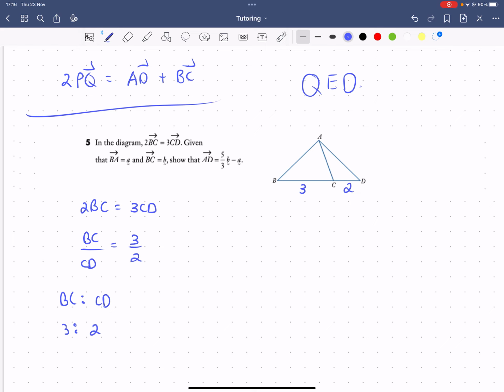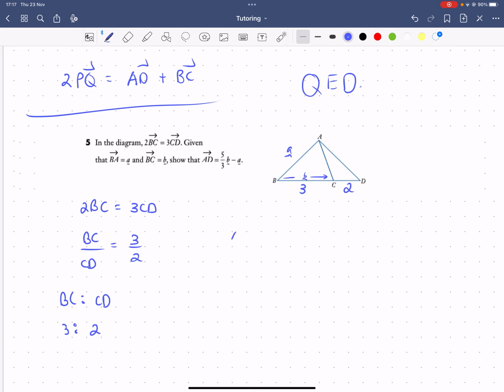It's given that BA is equal to A and BC is equal to B. And we're going to show that AD is equal to 5 on 3 B minus A.